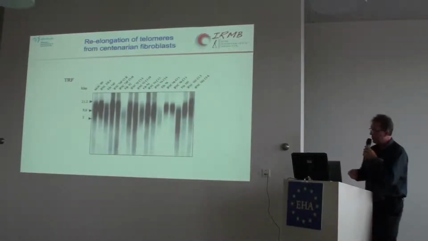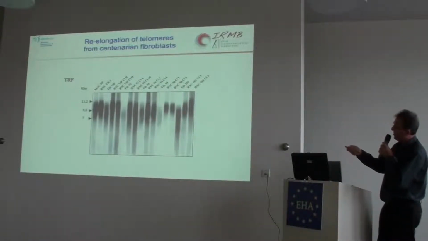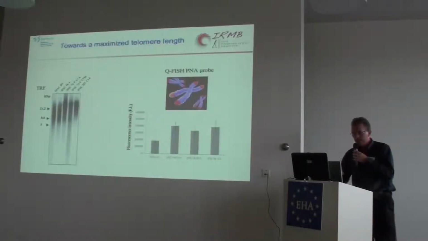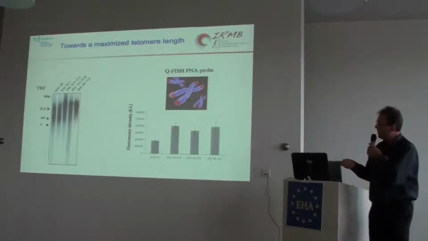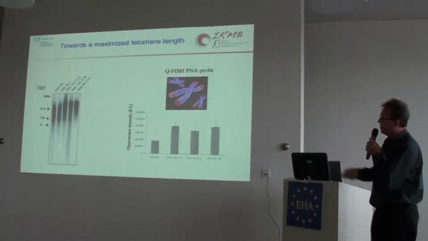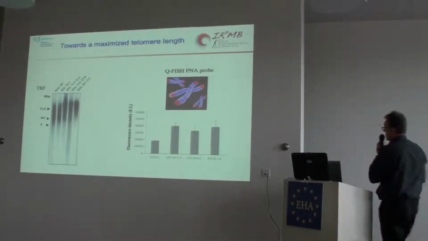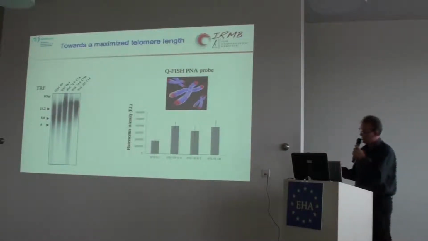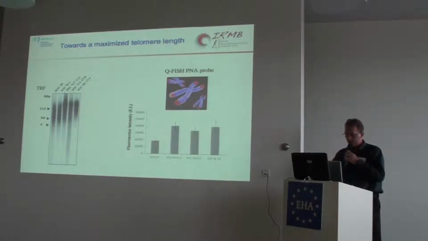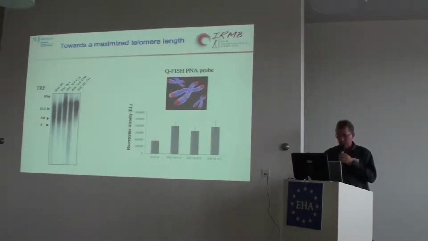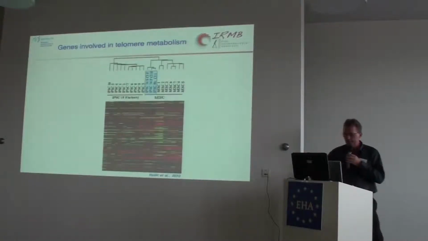Again, for all the people, centenarians, we also re-elongate telomeres, and interestingly, in some, we have an optimized size of telomere compared to control embryonic stem cells, and it has also been confirmed by Q-FISH analysis, indicating that maybe with our 6-factor cocktail we have a really nice reprogramming.